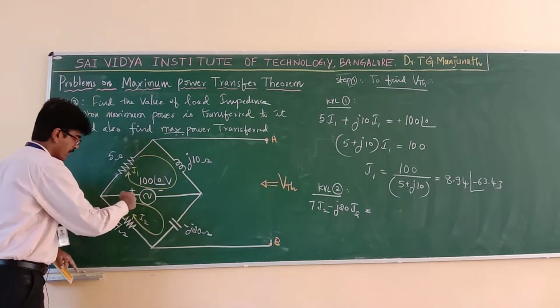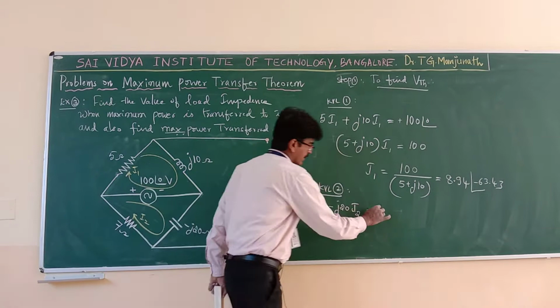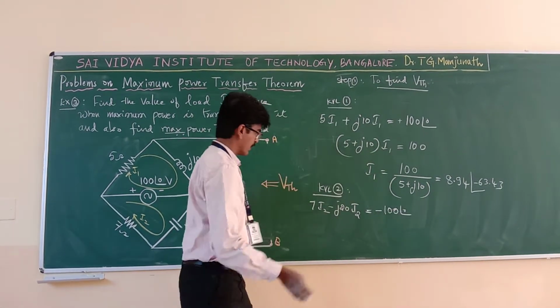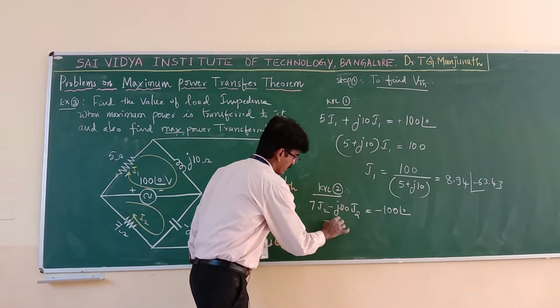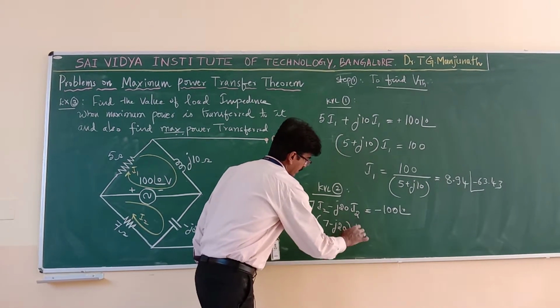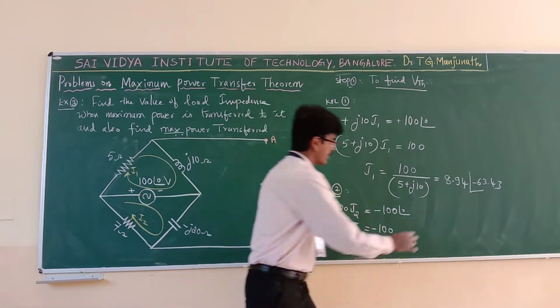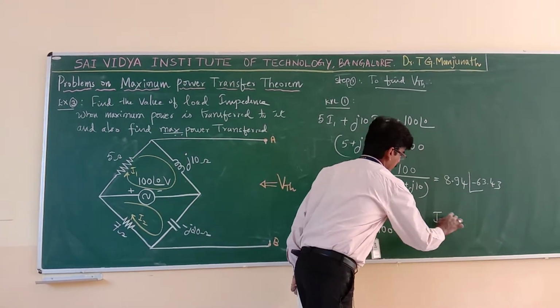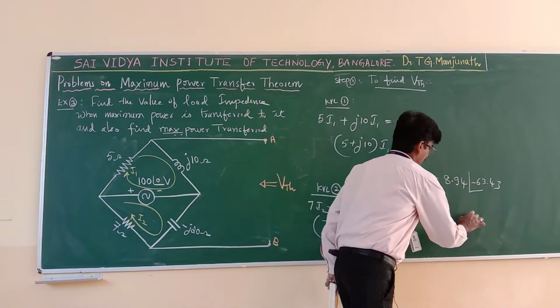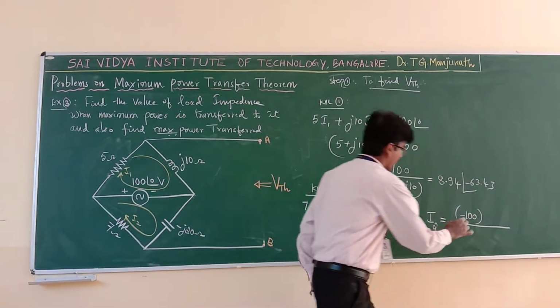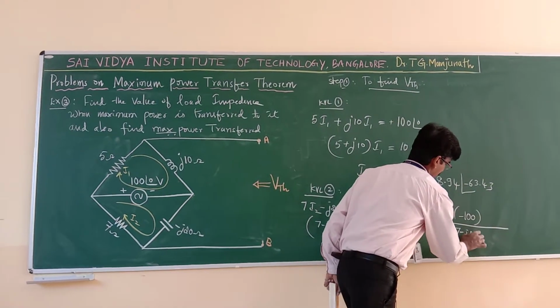Moving clockwise, it is plus to minus, so minus 100 at an angle 0, nothing but 100 only. We get (7 minus J20) into I2 is equal to minus 100. Then I2 is equal to minus 100 divided by (7 minus J20).